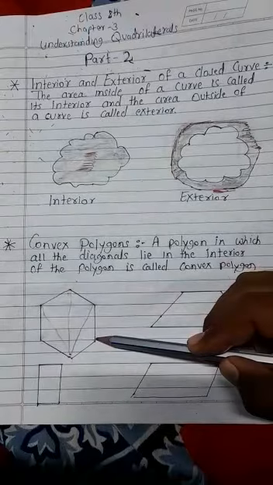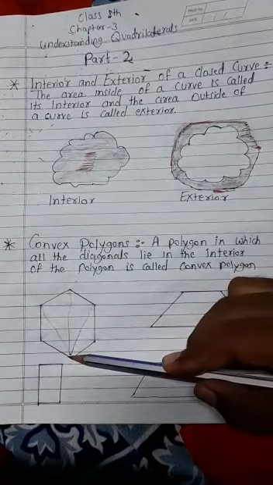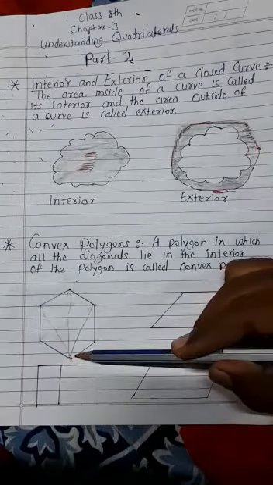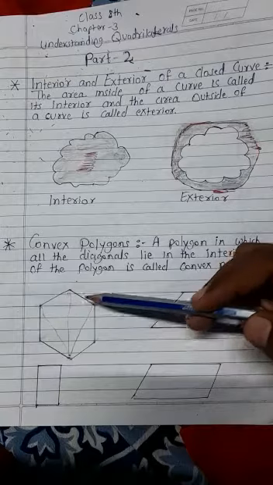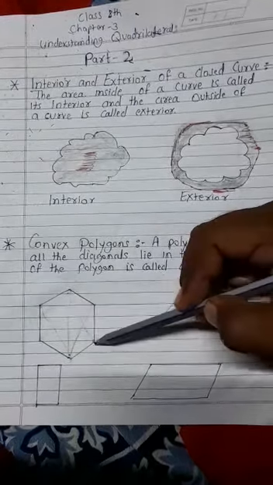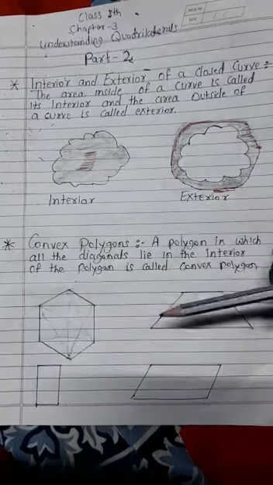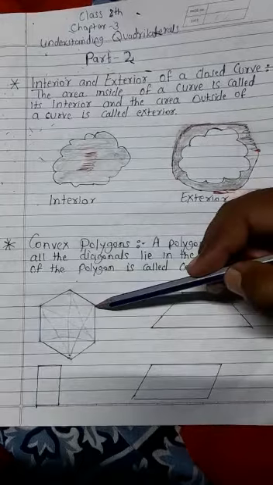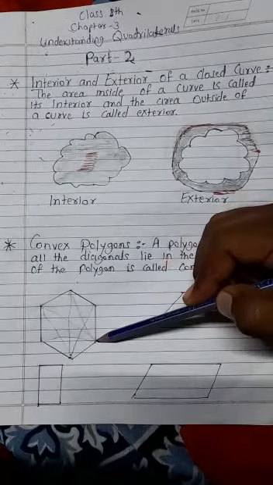For this point, its adjacent vertices are this one and this one, and its non-adjacent vertices will be the remaining 3. So when you join this point to this point, you will get the diagonal. Next, for this point, its adjacent vertices are this one and this one.